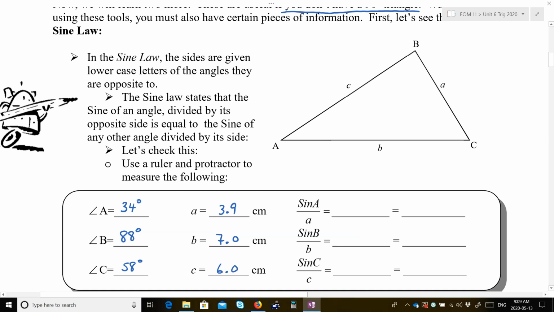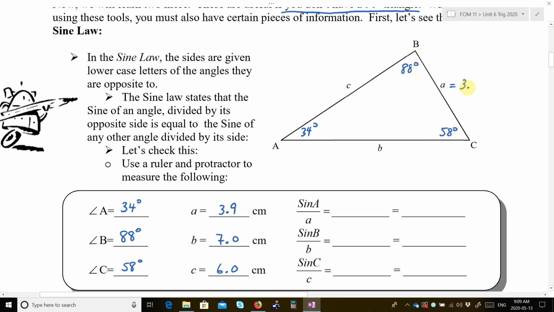Notice what happens, guys. If we go sine A divided by a, this is 34 degrees, this is 88 degrees, and this is 58 degrees.